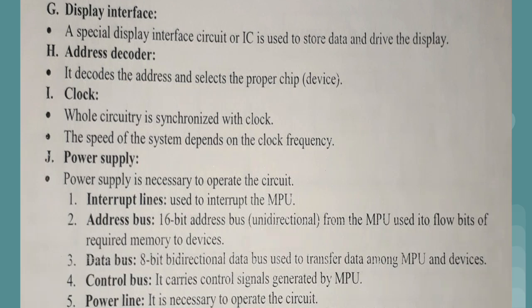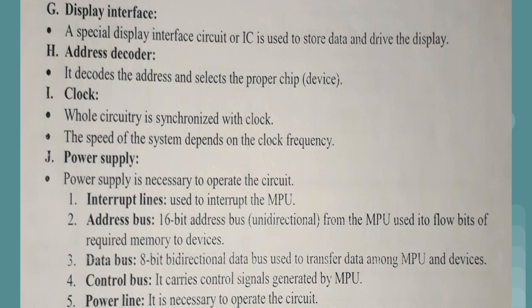Then we have control buses. Control buses are connected to the control and timing section of the microprocessor, so that the signals generated by the control and timing section can be carried to or from the microprocessor.